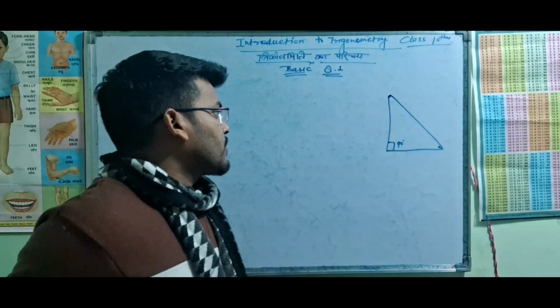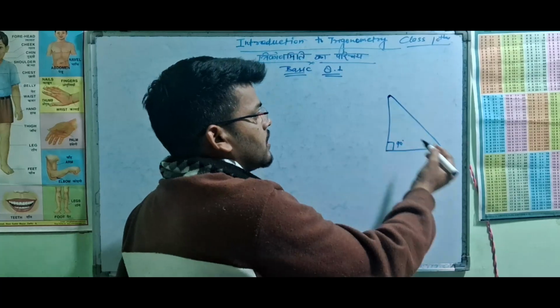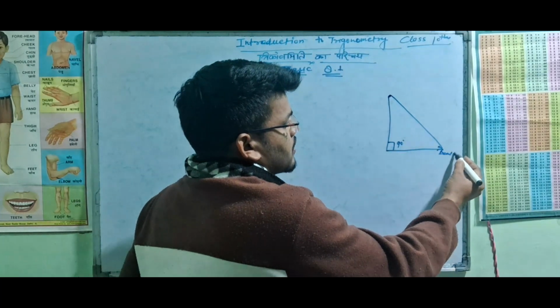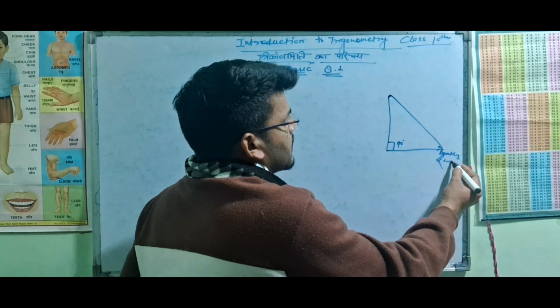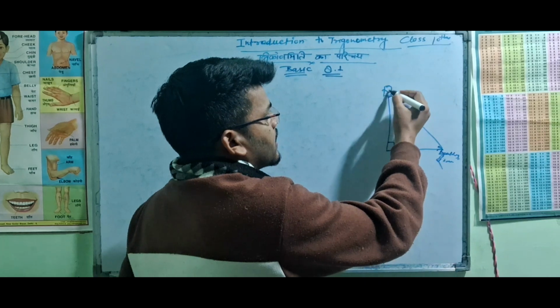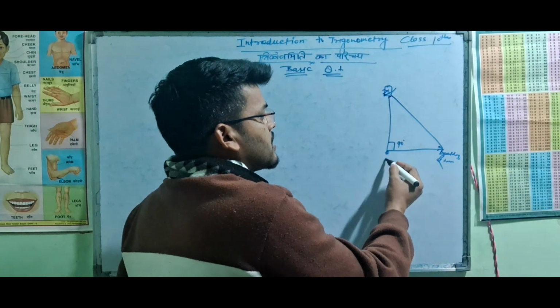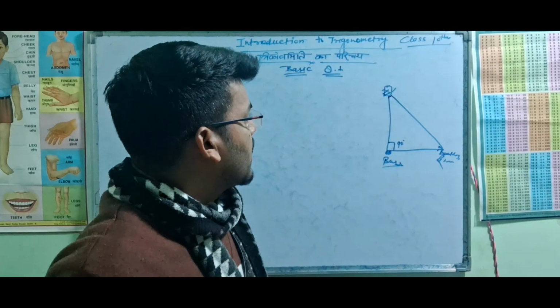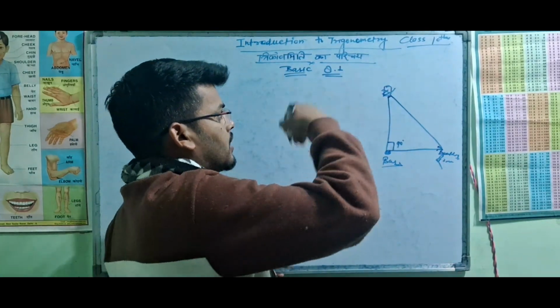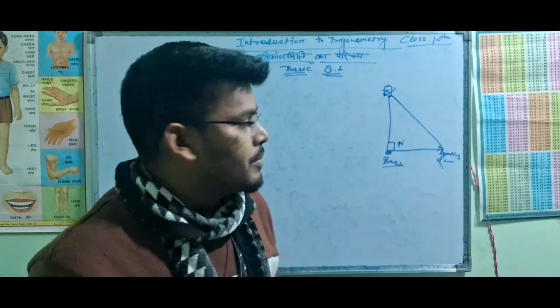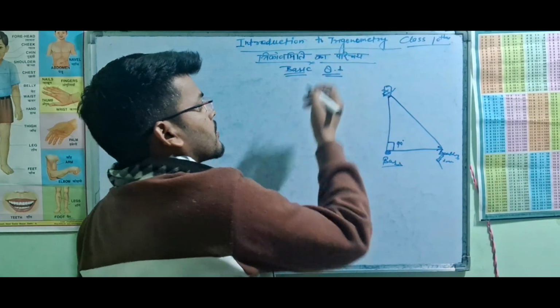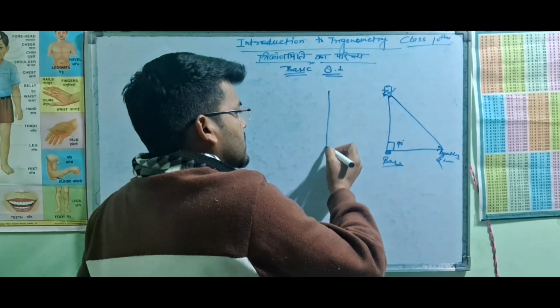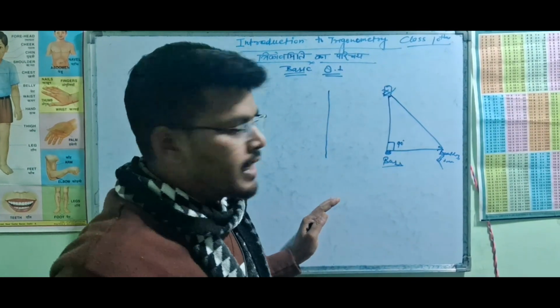Suppose that this is the bank of the river and you are standing there, right? And this one is the base. And again you can understand by another example. Like this one is a building, right?